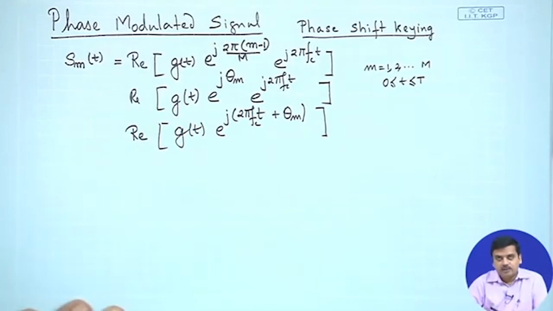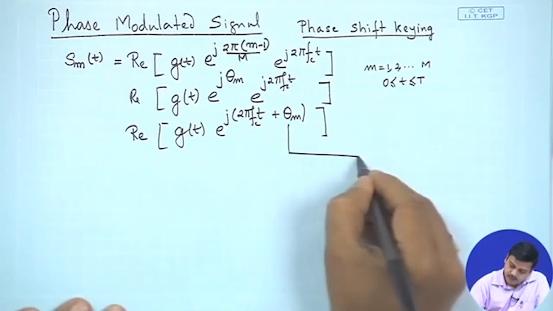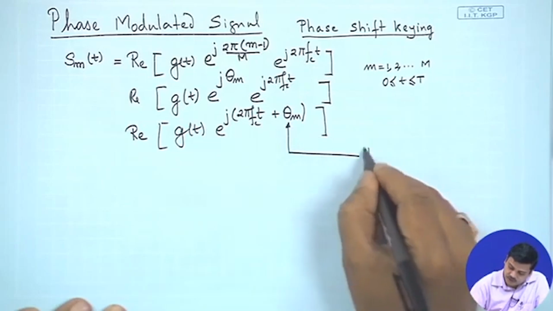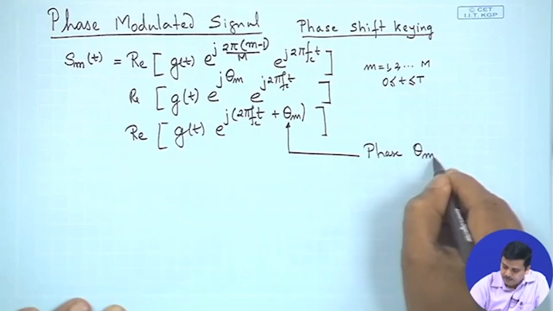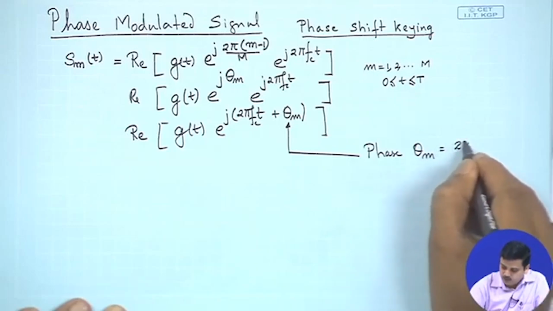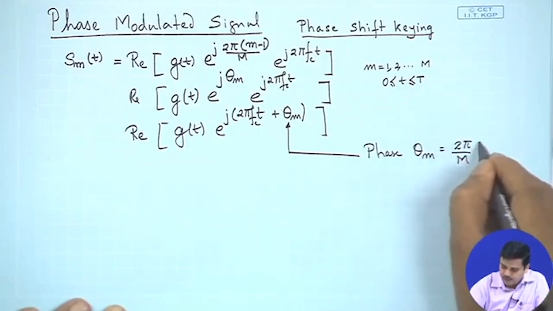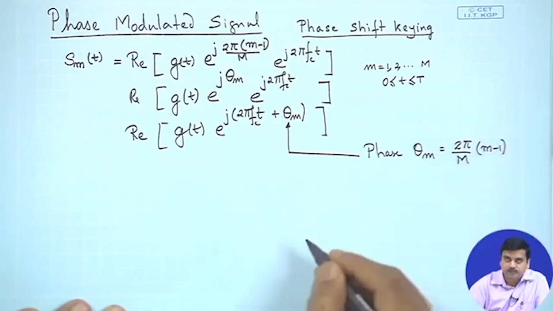So, when we write it in this form, we clearly see that here we have a phase, where theta_m is equal to 2 pi upon M multiplied by (m minus 1).